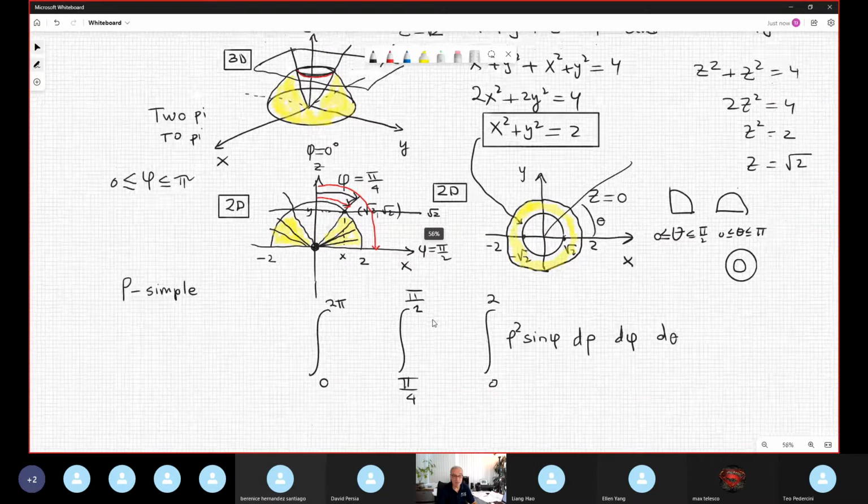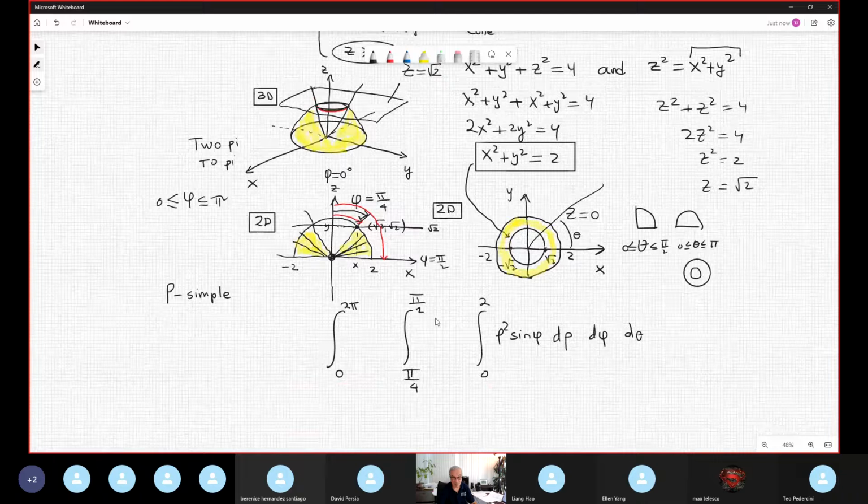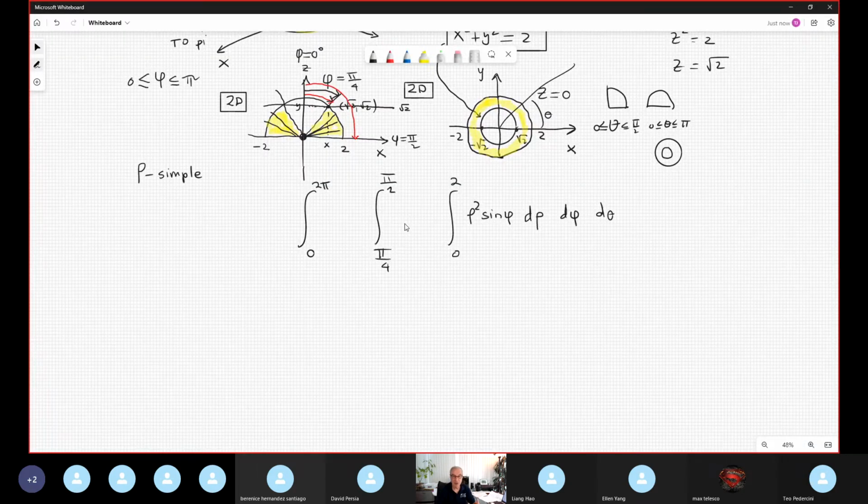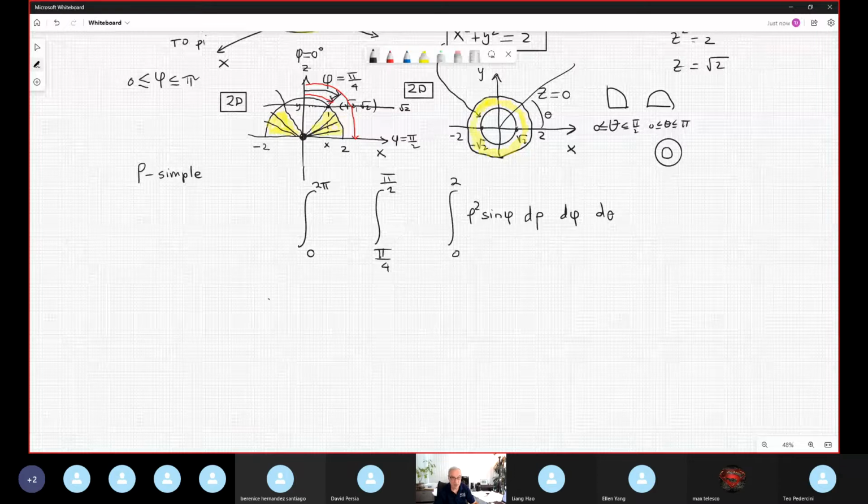Ajá, so now, wow, fantastic. This is super easy by hand, because the limits are constant, number one, and the function is totally separable. So you write 3 separable integrals. The first is rho squared d rho, evaluated between 0 and 2.